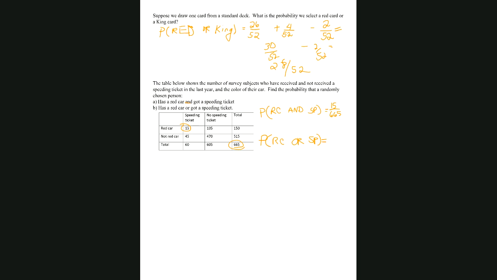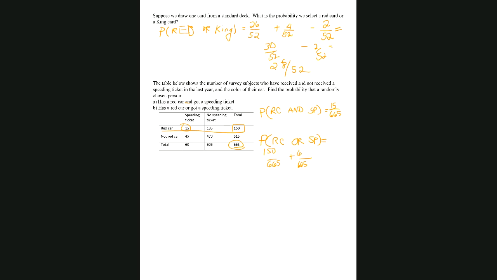Out of the 665 people, you'll notice that 150 have a red car. We're going to add that to the probability that you got a speeding ticket. So out of the 665 people, 60 got a speeding ticket.